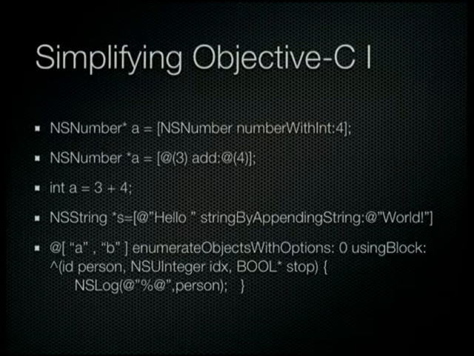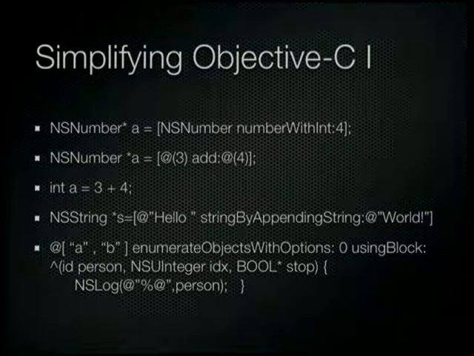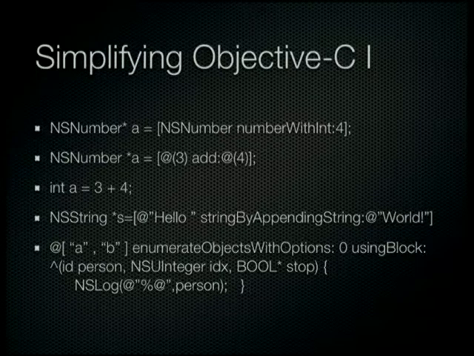We need the square brackets. Now, recently there's been some additions, so we can say @3 and @4. But again, if we're going to do that a lot, that's just going to be really bad. Whereas if you use just plain integers, hey, that looks right. That's actually okay, because the problem is we have two syntaxes, two languages jammed together, and that's just not a really good idea in the long run.